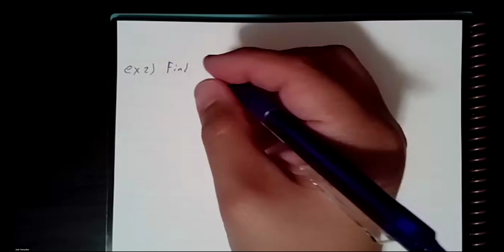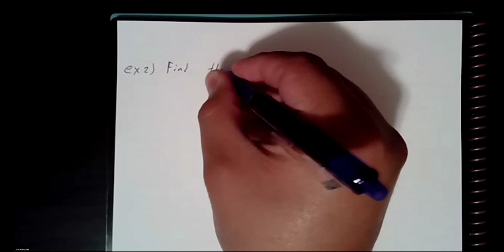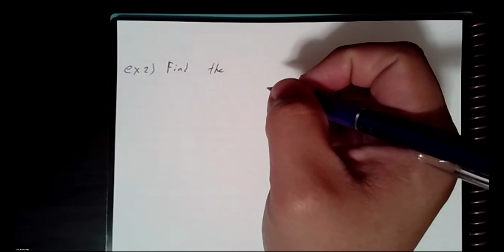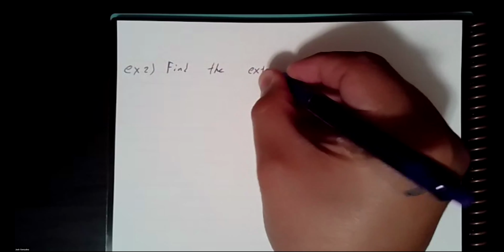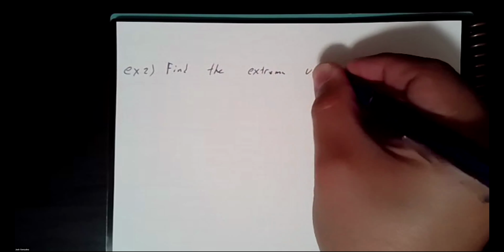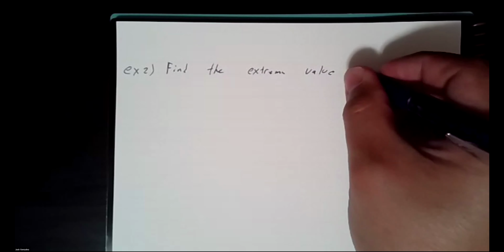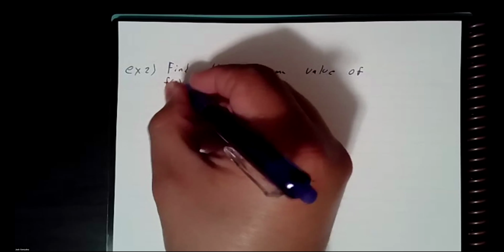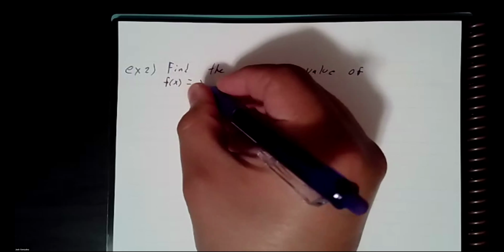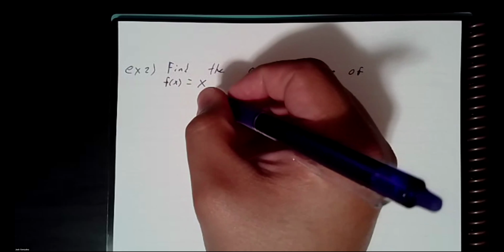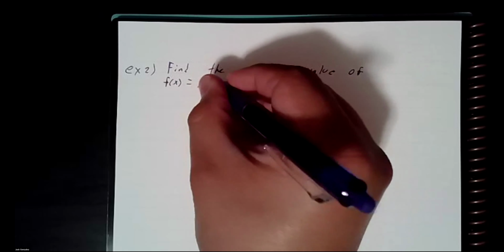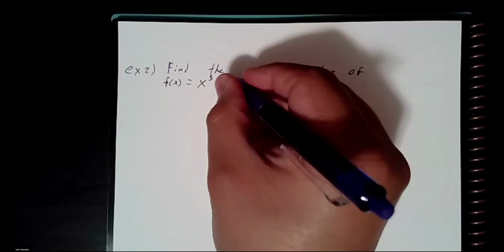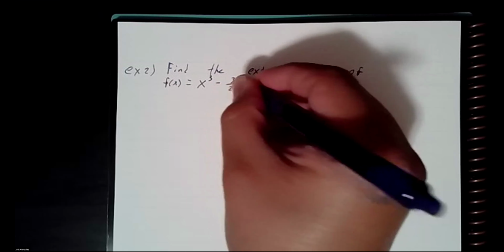So if the interval is closed, when they ask about extrema, so here I'm going to ask you to find the extrema values of f of x equal to x cubed minus 3/2 x squared.